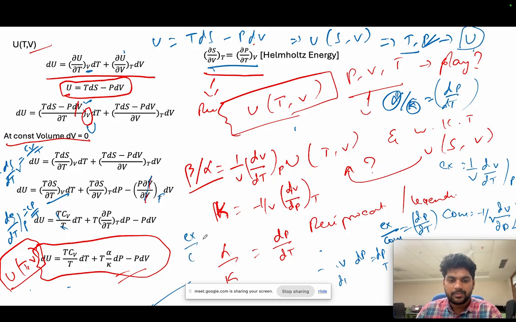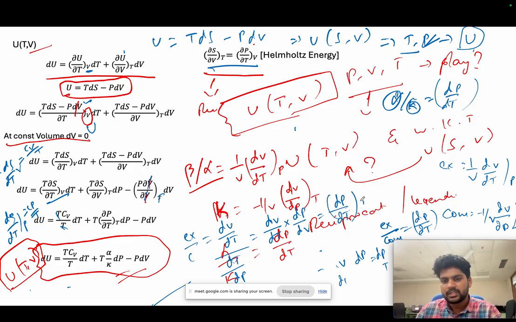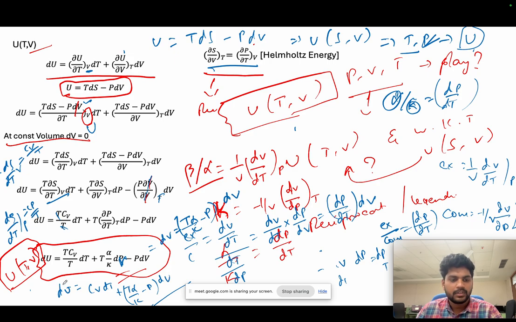When you do the expansion by compression, it will be dV by dT divided by dT by dP, which goes as dV by dT into dP by dV, so it comes as dP by dT at constant V. So this dP will go as dV, and now we take dV as common, so it will come as T alpha by K minus P dV. So the final equation will be dU equals Cv dT plus (T alpha by K minus P) dV.